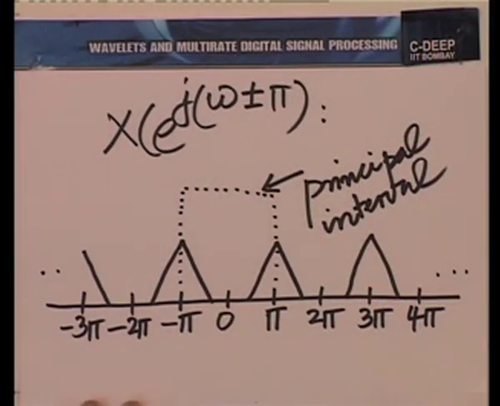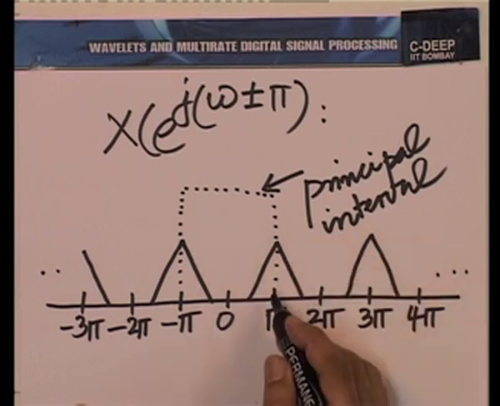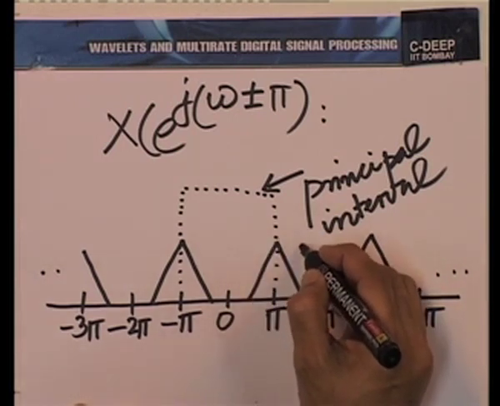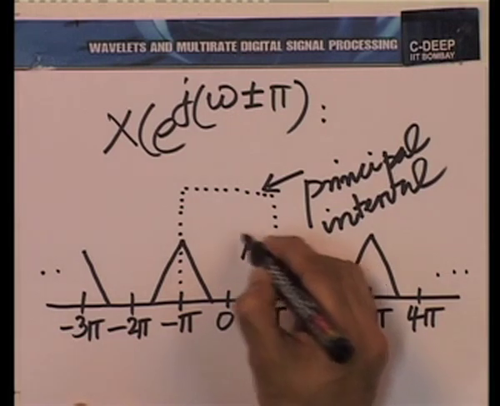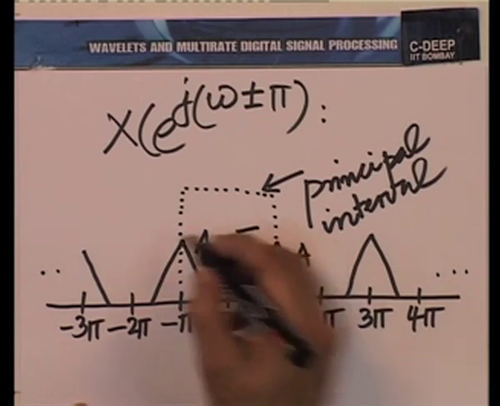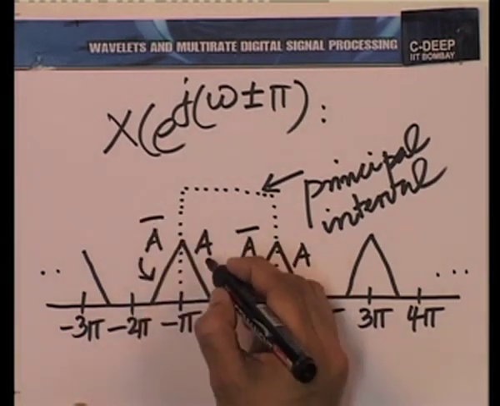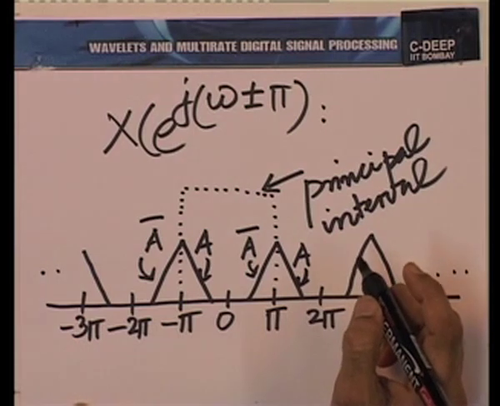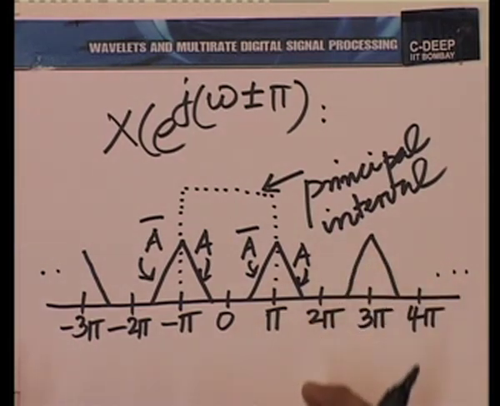Anyway, now what we will do is, in X of e raised to the power j omega plus minus pi, we shall mark the A's and the A bars carefully. So, here again in the principal interval, this was actually A and this was A bar, is not it? And therefore, this was A and this A bar. And now, what we need to do is to expand the principal interval for our convenience.